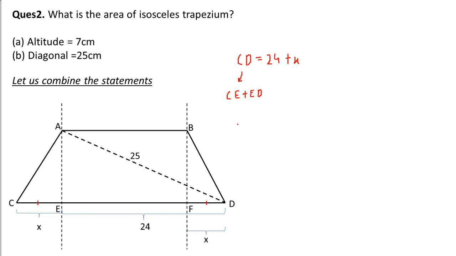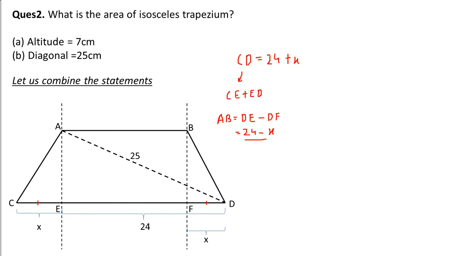Correct. Now what is the value of AB? Value of AB can be written as DE minus DF. Again, DE is equal to 24 and DF is equal to CE is equal to X. So I have my parallel sides.